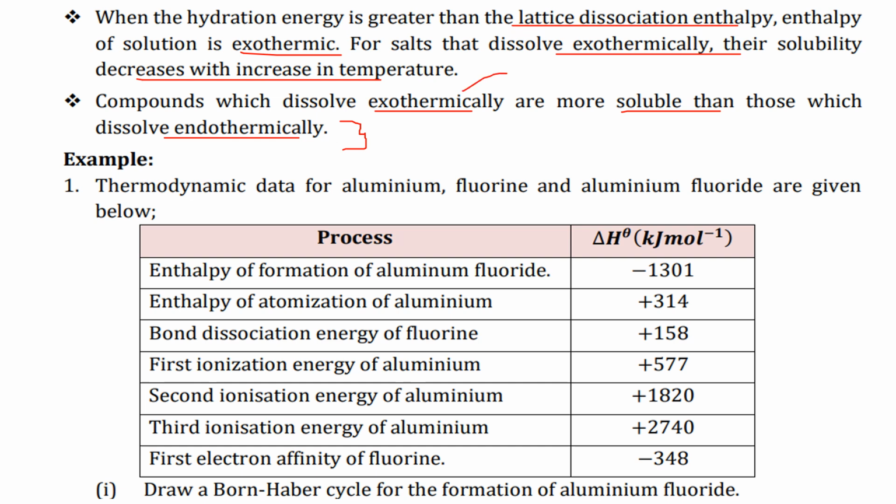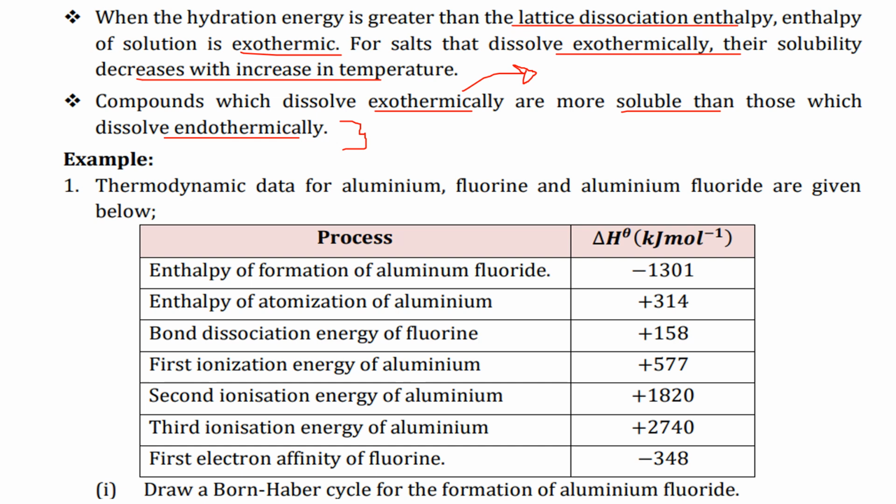Because for those that dissolve exothermically, we expect the hydration energy to be greater than the lattice energy. It's when the hydration energy becomes more negative than the positive lattice energy that such salts are easily soluble at room temperature, as compared to those which have endothermic enthalpies of solution. And when you're making comments, you say that such a salt is more soluble.